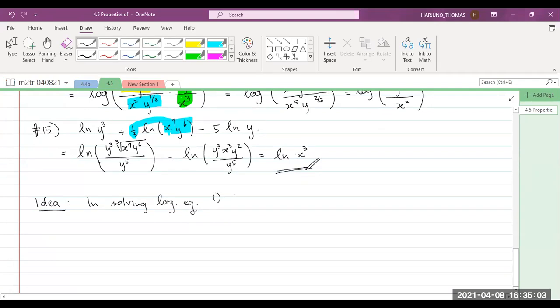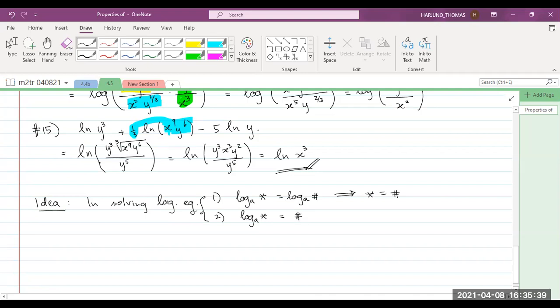The first one: we try to achieve log base A of blah equals log base A of blah, so you have log equals log. Then we can use one-to-oneness to claim blah equals blah. The second type: you try to achieve log base A of blah equals something without log, like a constant.